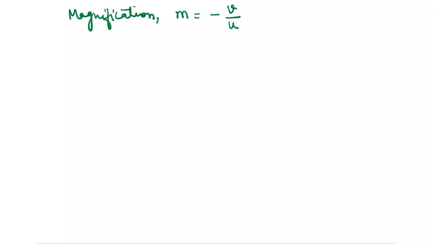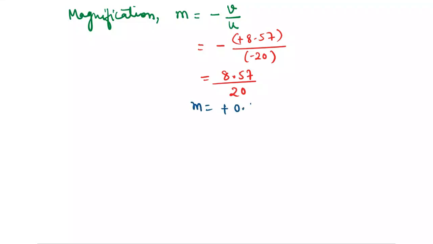Now we have both values, so substituting, minus of image distance is plus 8.57 divided by u, the object distance, which is given as 20. Now the minus minus turns to plus, so we divide 8.57 by 20. After solving, we get the value of m, and that is positive 0.42.